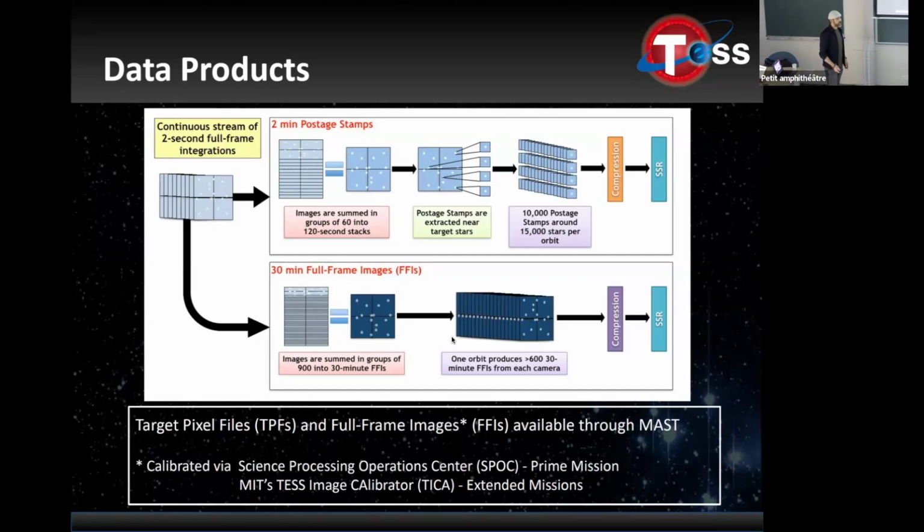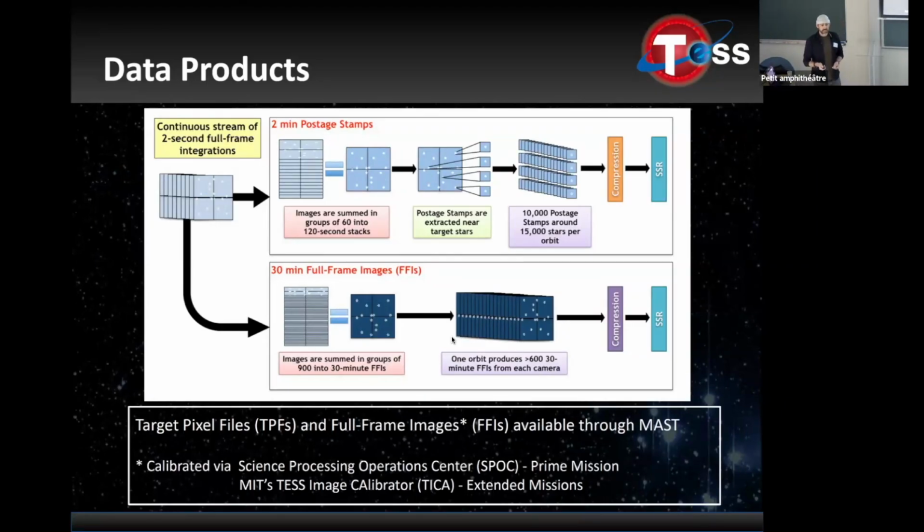However, what I'm more interested in, and I think the multi-messenger community might be more interested in, would be the full-frame images which are generated by TESS. As we stack hundreds of these 2-second readouts, we sum them together to create these full-frame images. For the prime mission, it was 30 minutes.